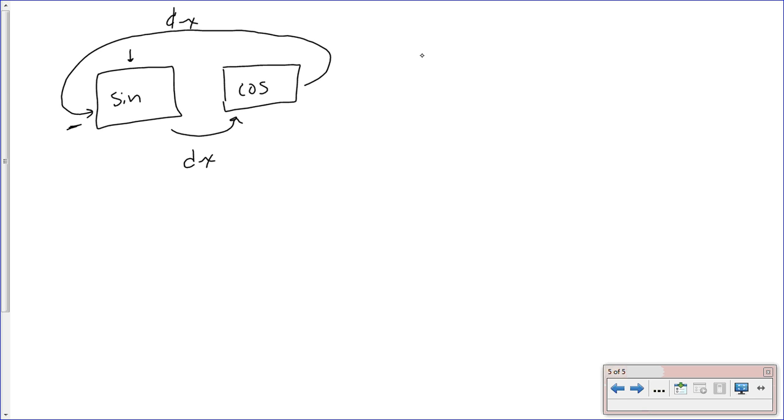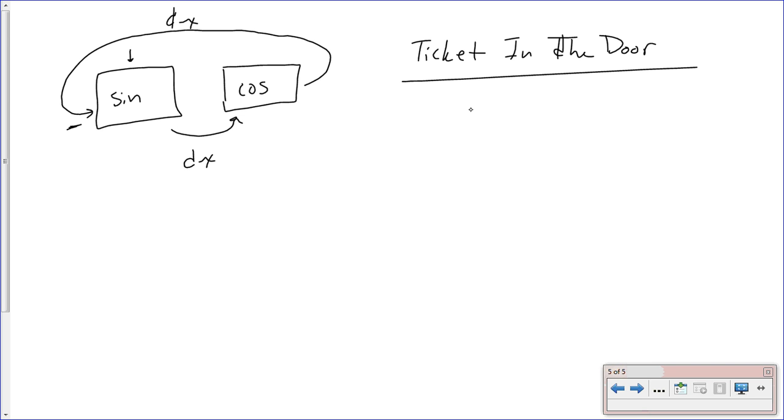All right. So I'm going to put your ticket in the door on the same page so you have that neat little trick right there. I know we haven't worked any problems, but you should still have enough information to do this ticket in the door. All right. What I want you to do is, if f of x equals 3x to the 5th minus 4 cosine x, I want to know what is f prime of x.